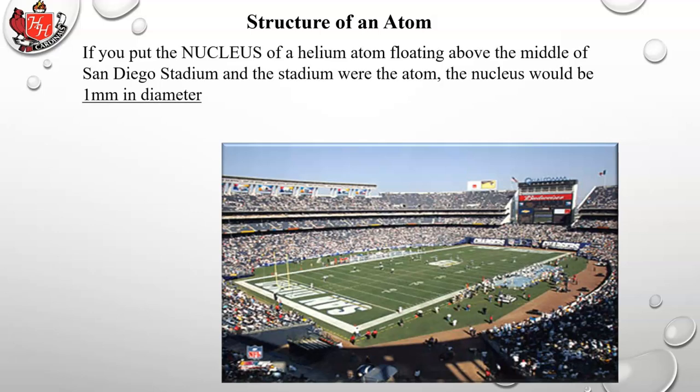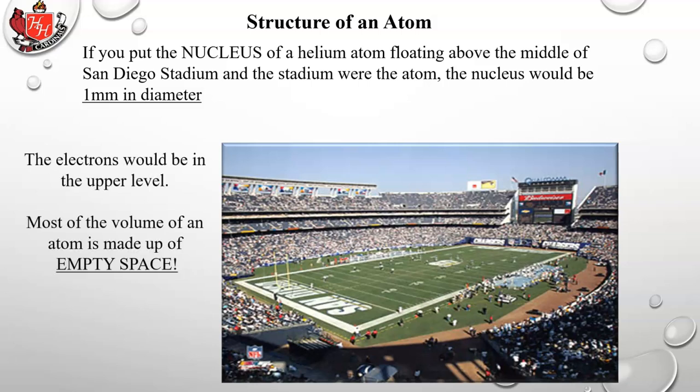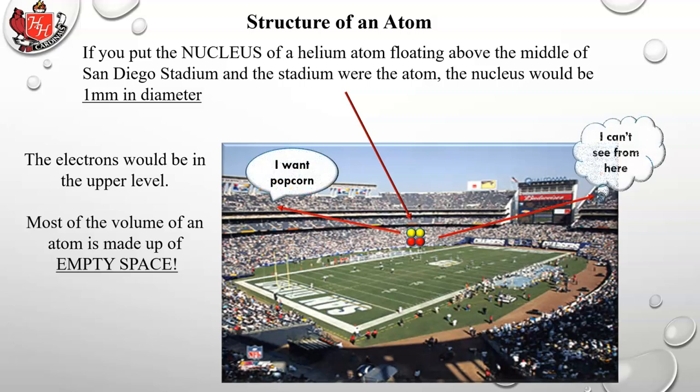So if you put the nucleus of a helium atom floating above the middle of San Diego Stadium, which no longer exists, the nucleus would be 1 millimeter in diameter. The electrons would be in the upper level, and most of the volume of the atom would be made up of empty space. So there's the nucleus, and there are the electrons, okay?